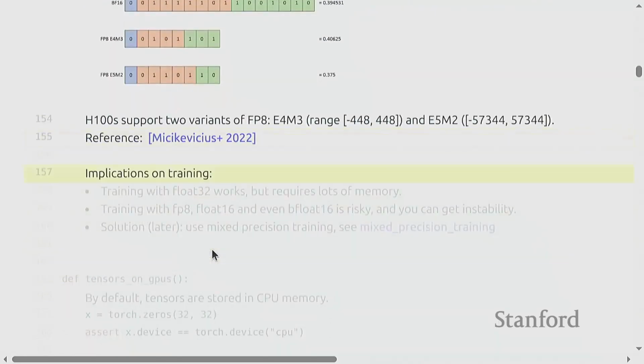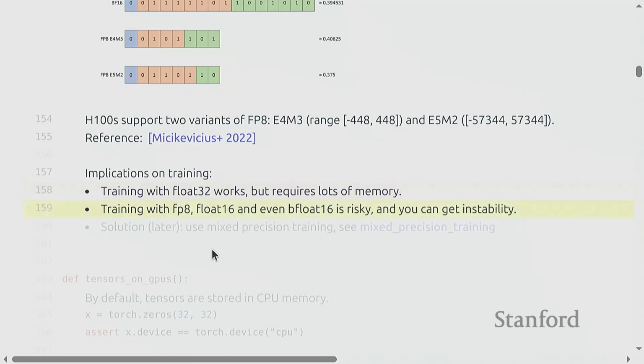But at a high level, training with float32, which is what you would do if you're not trying to optimize too much and it's safe, requires more memory. You can go down to FP8 or BF16, but you can get some instability. I don't think you would probably want to use float16 at this point for deep learning.